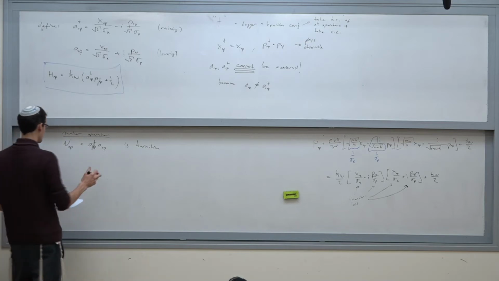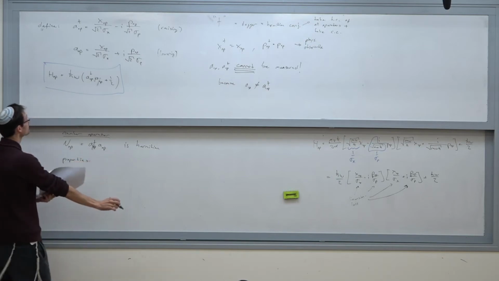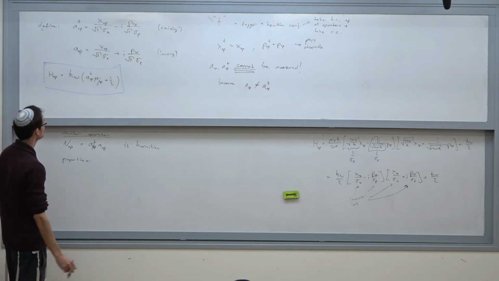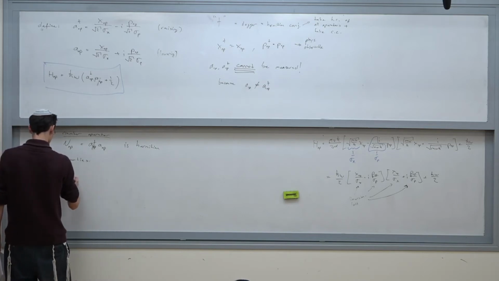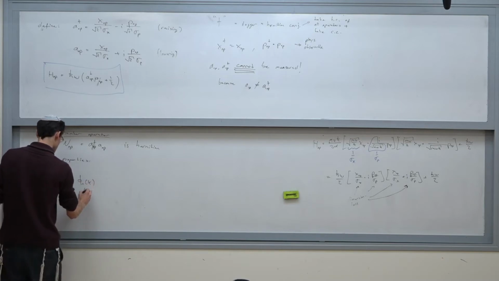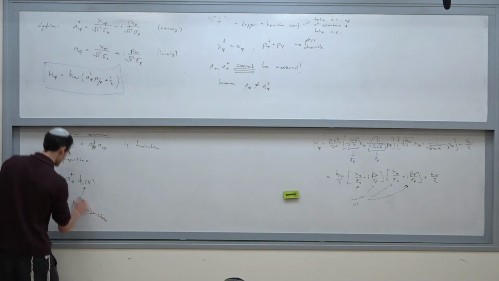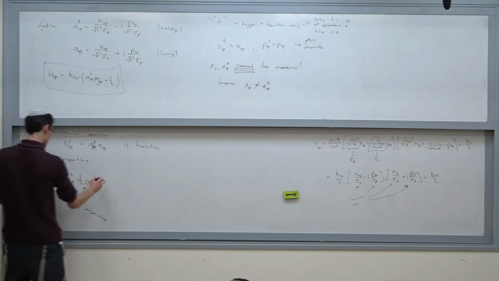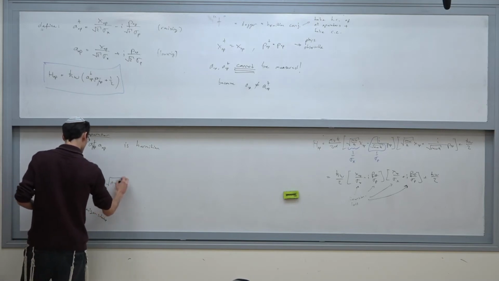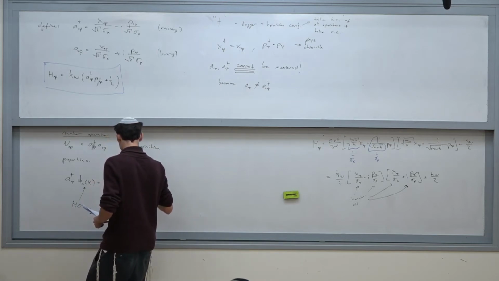Another thing you have to know about these operators is why they are called raising and lowering operators. So for phi n, a harmonic oscillator eigenstate, acting with A dagger on phi n will give you root of n plus 1 times phi n plus 1 of x.